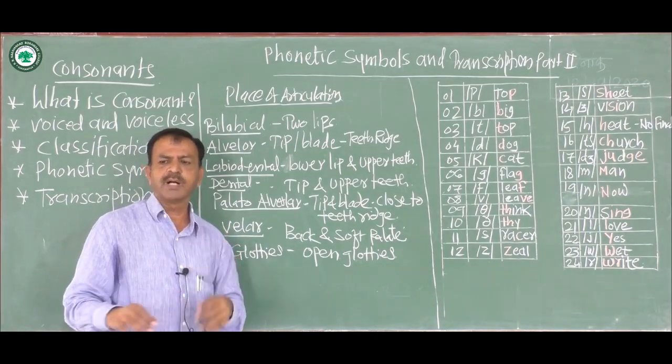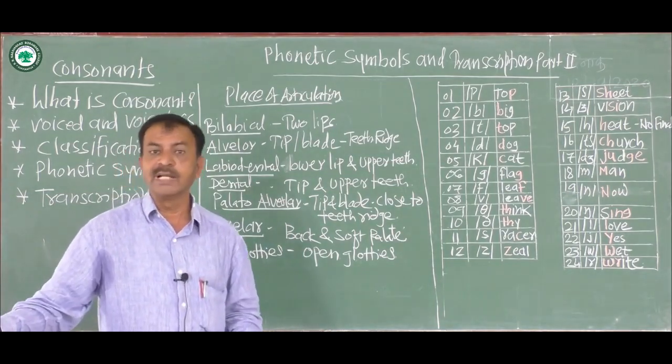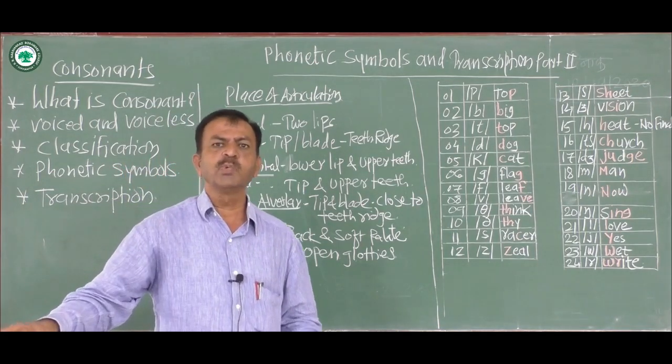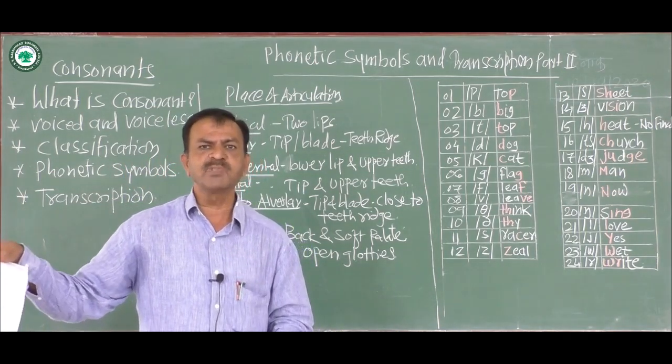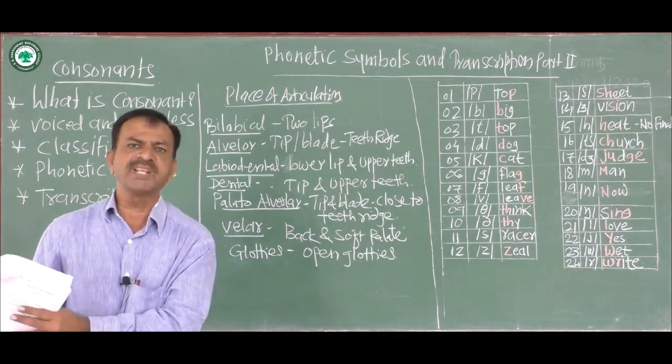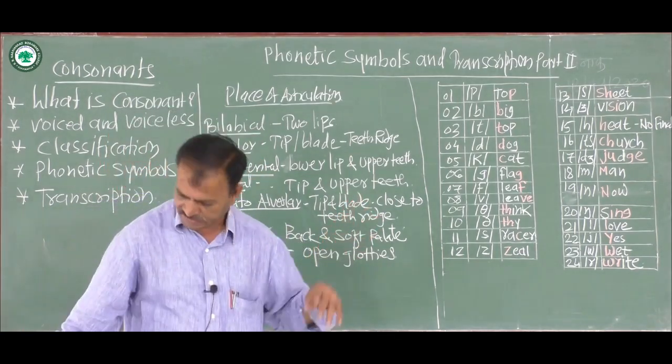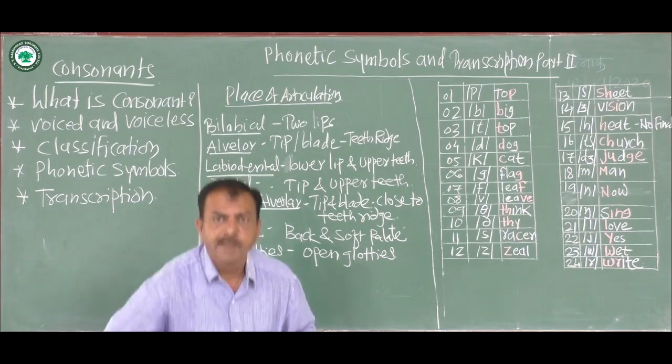When you pronounce the sound G, you see which two articulators come together and make the pressure. So this is the first group, the six plosive sounds.